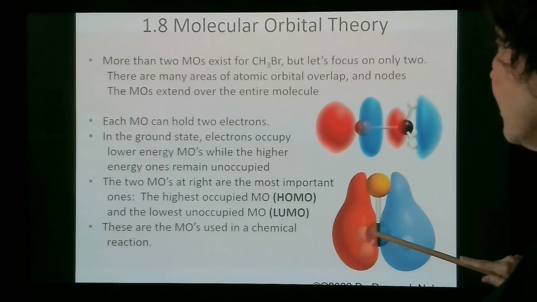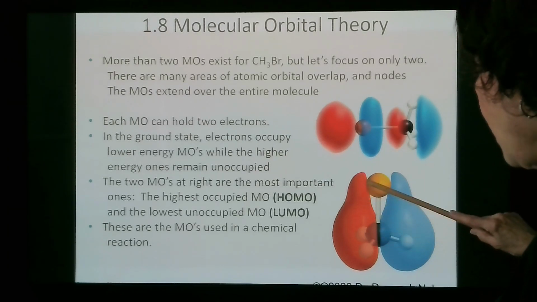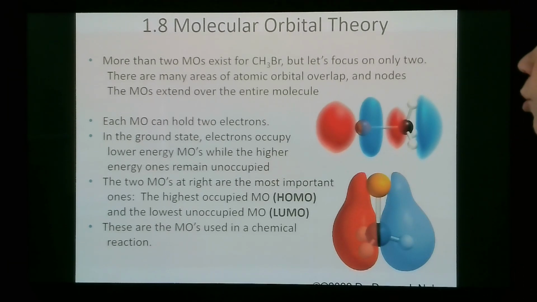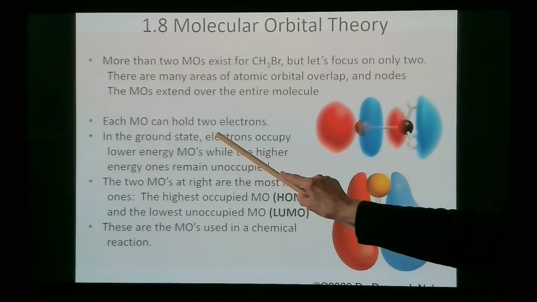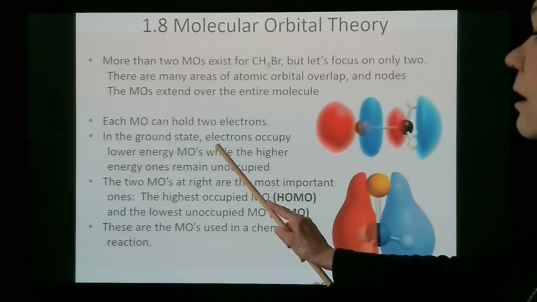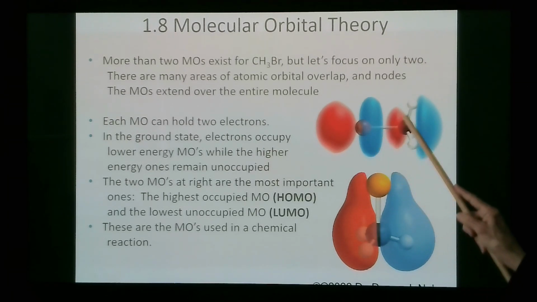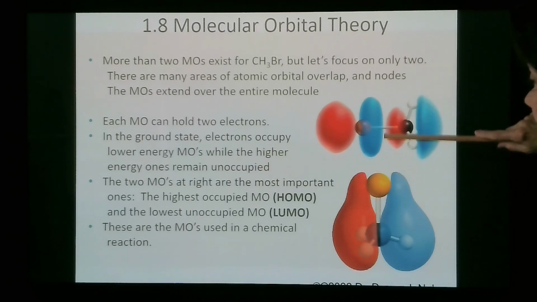There's a lot of areas of atomic orbital overlap here. Each molecular orbital can hold 2 electrons. In the ground state, electrons occupy a lower energy molecular orbital, and the higher ones, which are anti-bonding, you can see the anti-bonding node here, remain unoccupied.